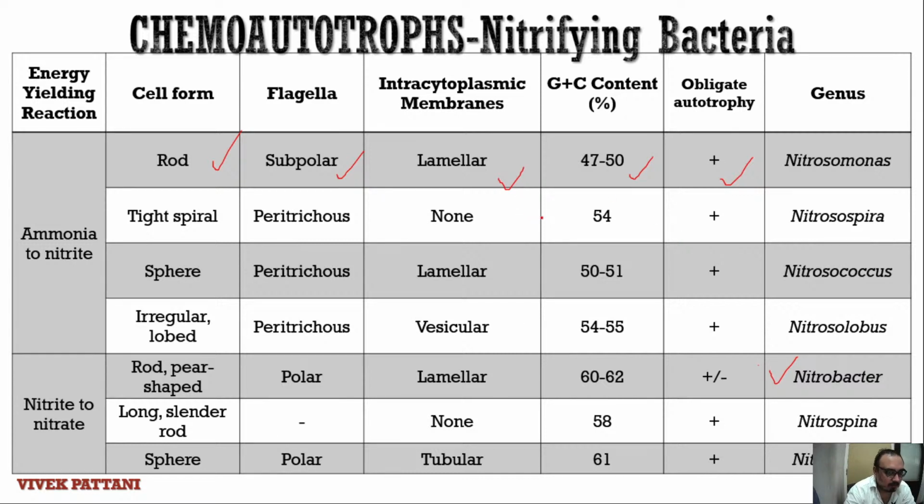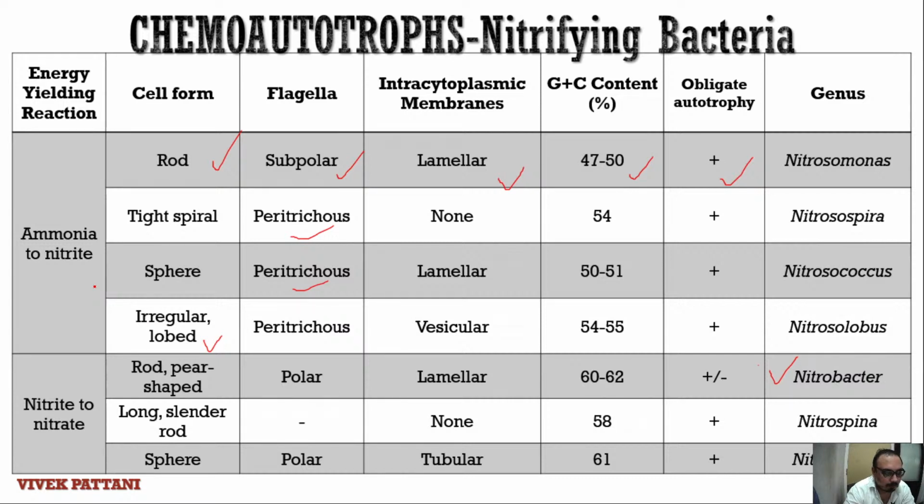The shape of Nitrosospira is spiral, and the flagella are peritrichous. Nitrosococcus is round in shape, flagella are peritrichous. The shape of Nitrosolobus is lobed. What do we mean by lobe structures?